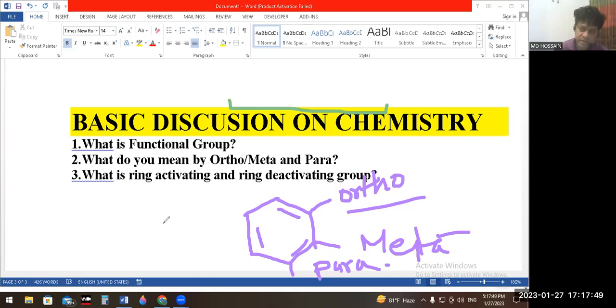In another consideration, functional groups which have an atomic number equivalent to 9, almost 9, with a few exceptions, are ortho and para indicators. So I can repeat: the functional groups which have an atomic number equivalent to 9 are all ortho and para indicators.